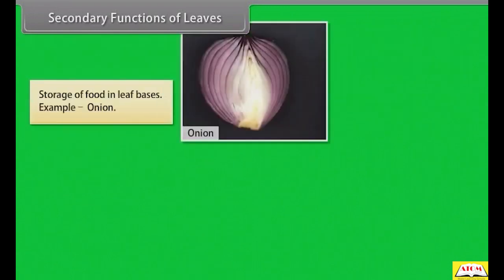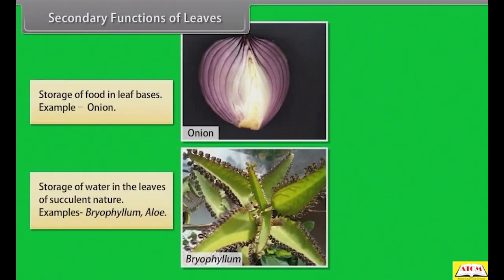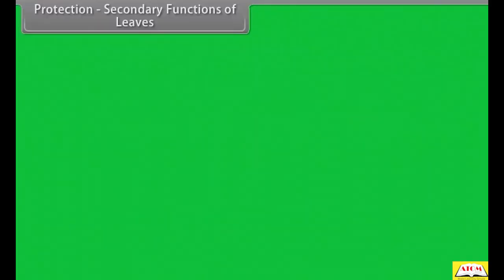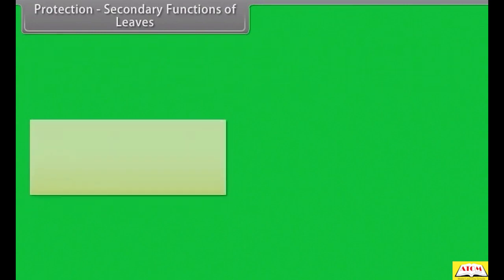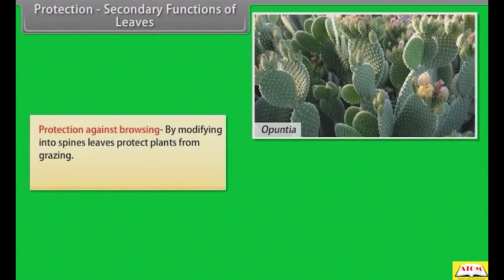Secondary functions of leaves. Storage of food in leaf bases. Example: onion. Storage of water in the leaves of succulent nature. Example: Bryophyllum, aloe. Protection. Protection against browsing.